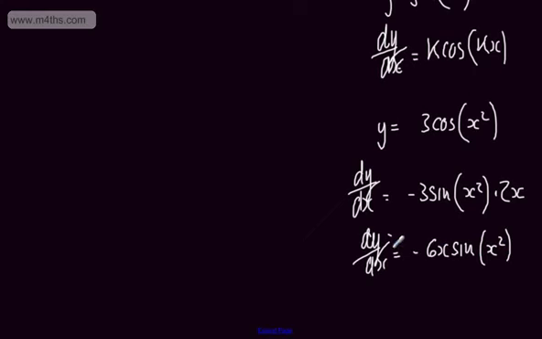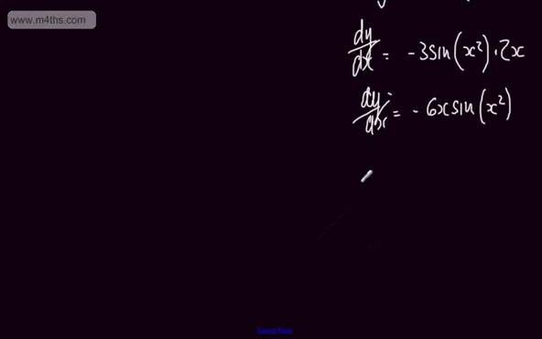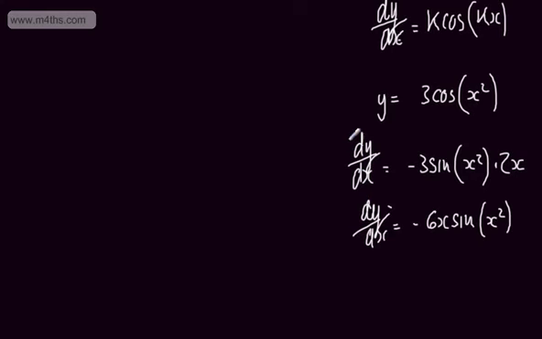If you wanted to go for the formal approach, you could let u be equal to x squared. So let's take it to this stage right here. All I've done is differentiate the outside function. The outside function is 3 lots of cos of x. The derivative of 3 cos x is minus 3 sine x. We've left the inside function alone and multiplied through by the derivative.